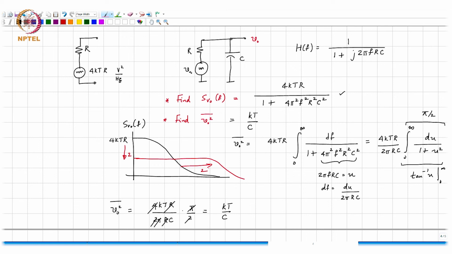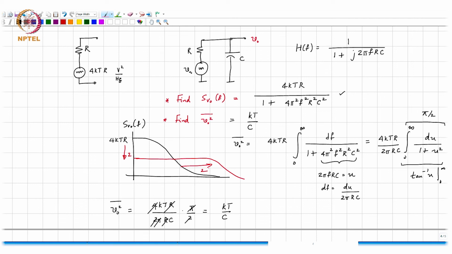So, while it is true that reducing the resistor has the beneficial effect of reducing the spectral density of the noise source, the total noise does not change, because the bandwidth over which it makes a contribution is now larger, right?